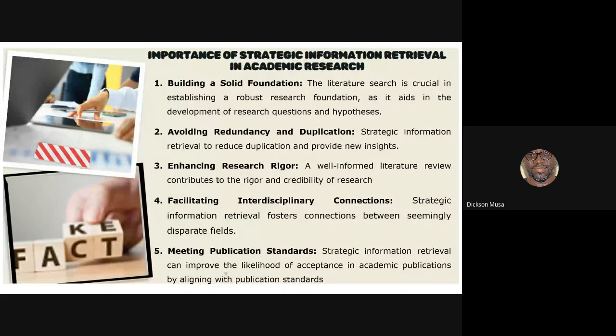And when you use a strategic information retrieval system, it helps to improve the likelihood of the acceptance of your manuscript in an academic publication, because you can use it to align yourself to the publication standard of such journals.